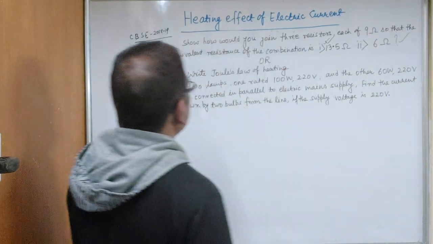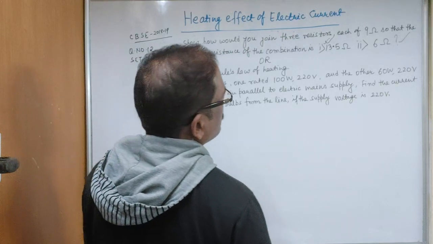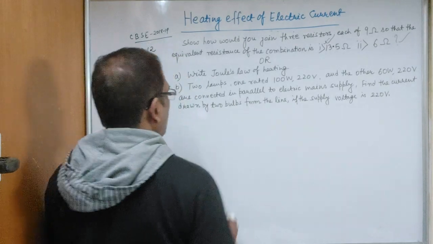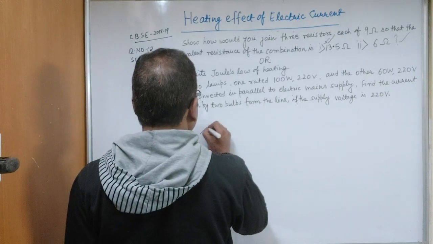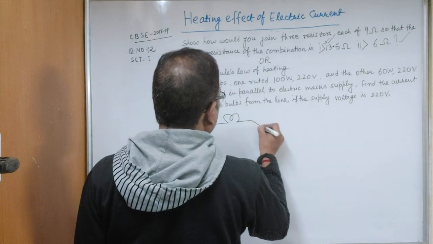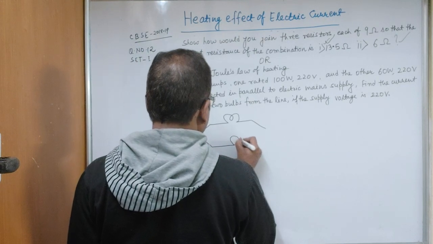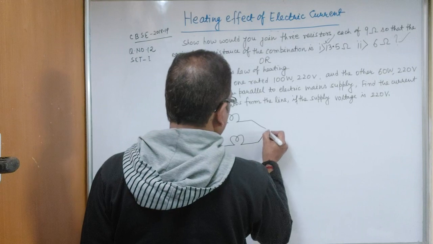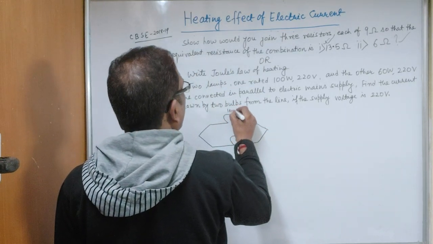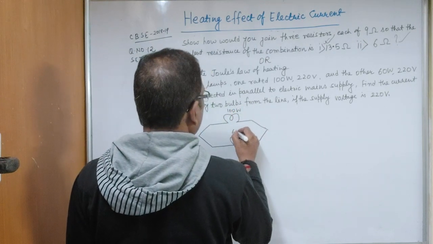So in this question there are two lamps rated 100 watt and 220 volt, and 60 watt and 220 volt, connected in parallel. So suppose there are two lamps like this. This is, suppose, 100 watt and this is of 60 watt.